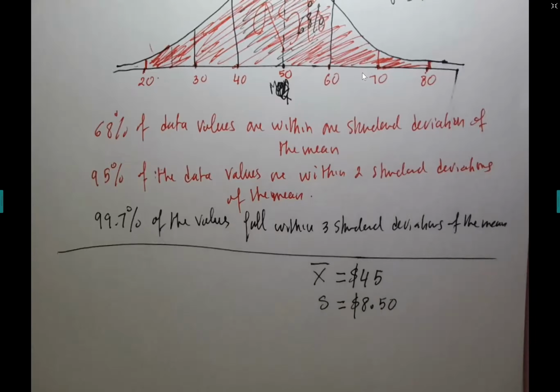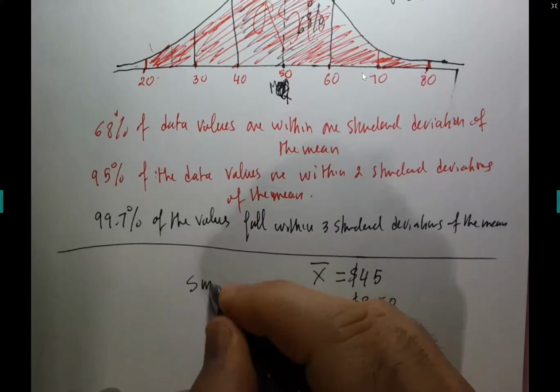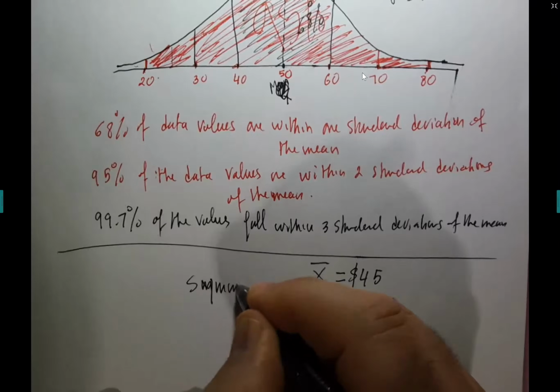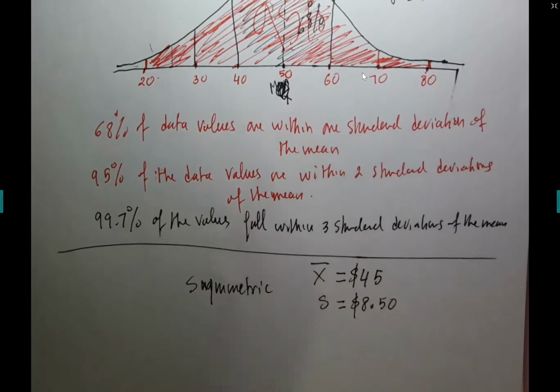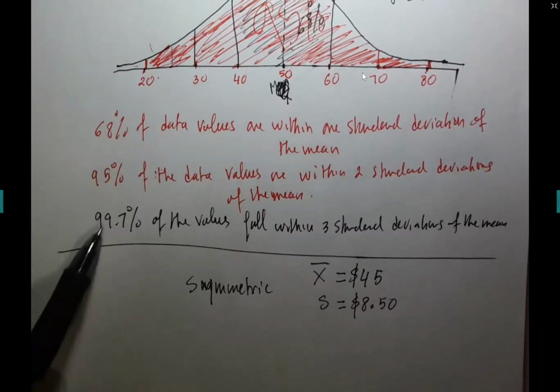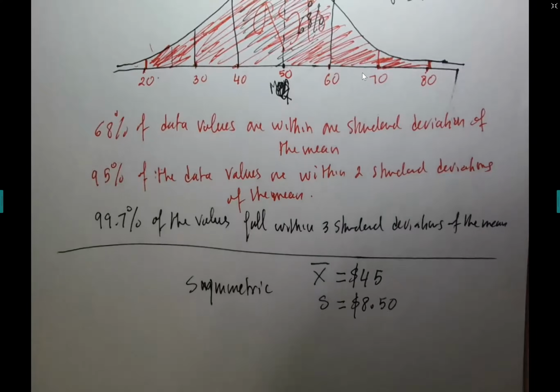And let's say I try to do a histogram of the values that you guys gave me, and it turns out to be symmetric. It has to be symmetric. That's a condition. In order to use the 68, 95, 99.7% rule, guys, the shape has to be symmetric.